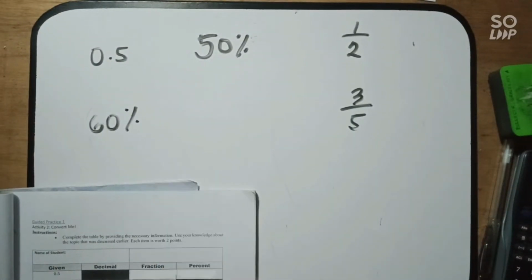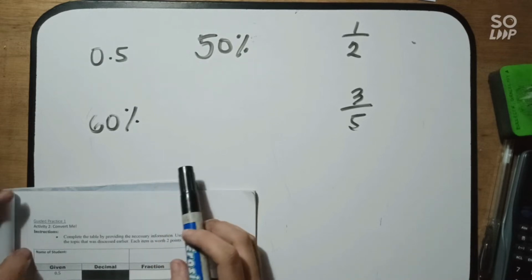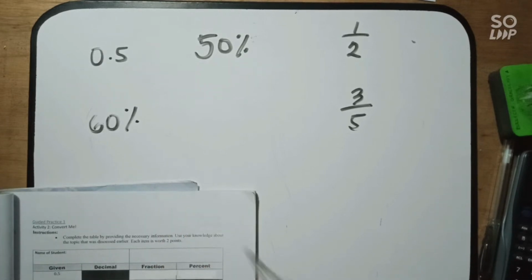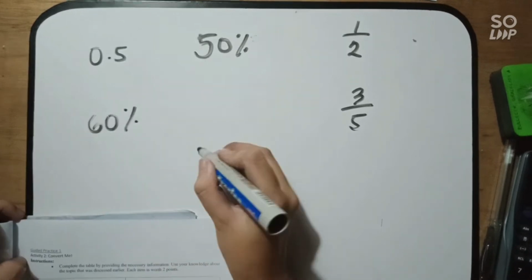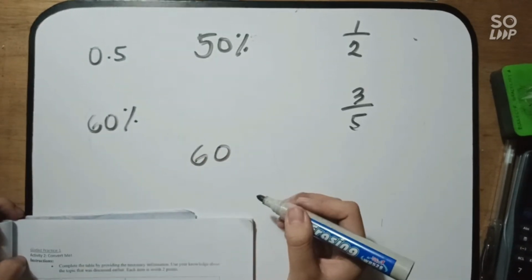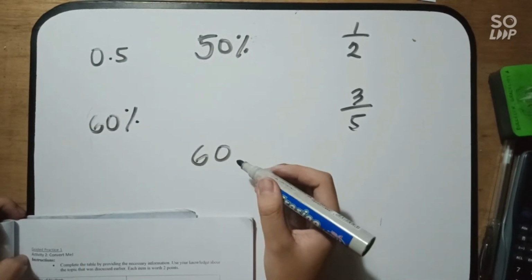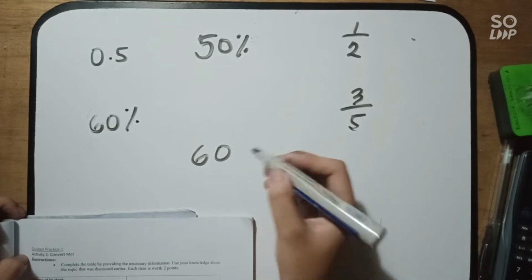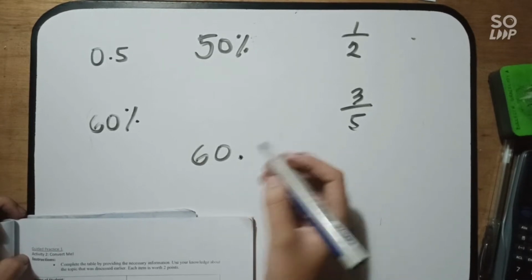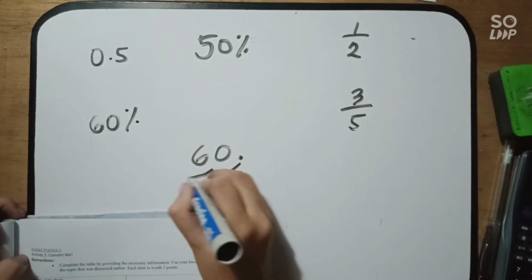Now, in getting the decimal form of 60%, we simply remove the percent symbol. So 60, move the decimal point 2 places to the left. The decimal point is here, and then move 2 places to the left, 1, 2.